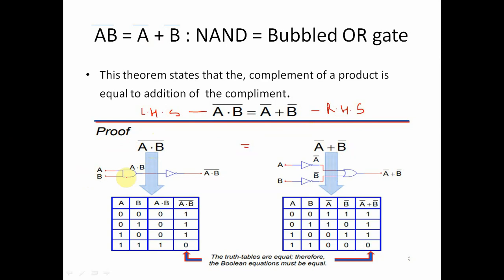This is the circuit diagram for (A dot B) bar. First the AND gate is present, and the AND gate output is applied to an inverter, then we get the NAND gate.